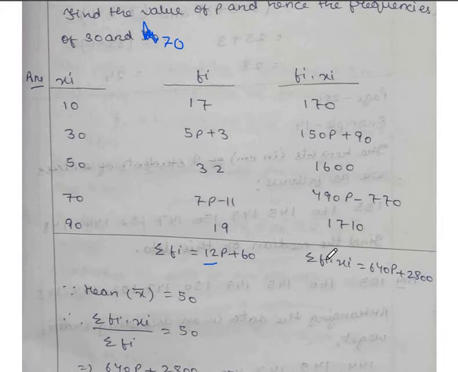Whereas for sigma fi xi, the variable part you can keep, 150p plus 490p. Variable numbers cannot be adjusted with constants. So these two together you can add, it will be 640p, and the rest, 170, 90, 1600 minus 770 and 1710, you can adjust, and you will get 2800.